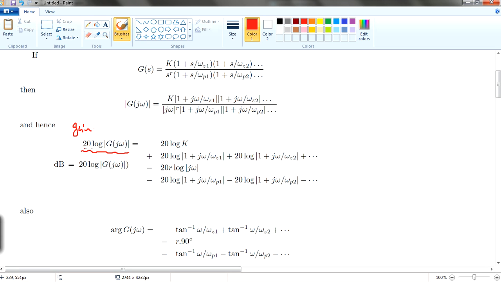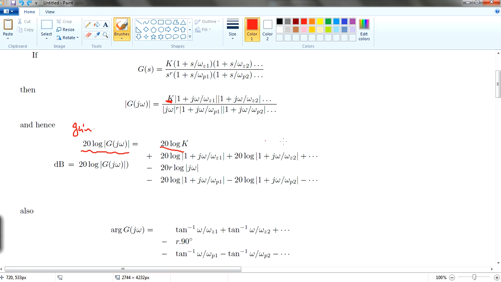The 20 is simply a constant; I also don't know why, but you just use it. So 20 log K, you're going to have a positive 20 log K, which is this term over here, because you take 20 log of the whole transfer function.